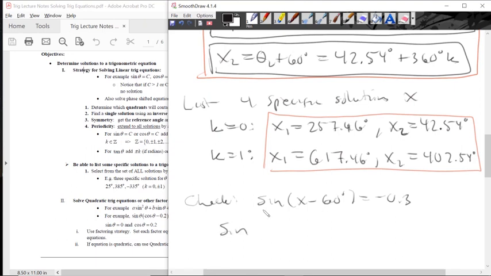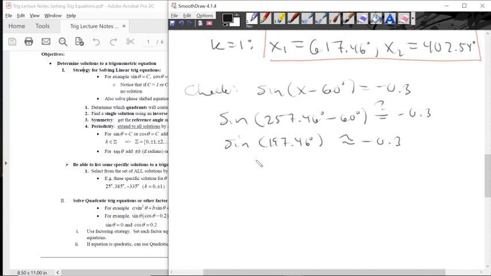So let's start with x1. Sine of 257.46 degrees minus 60 degrees, does that equal negative 0.3? First, you subtract 60 from 257.46, and you get 197.46. So you get the sine of 197.46 degrees.